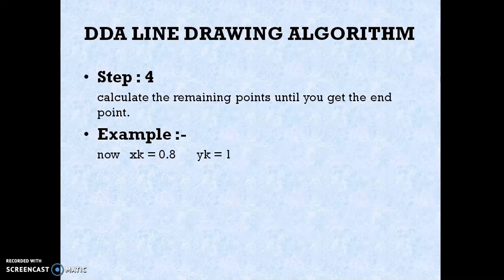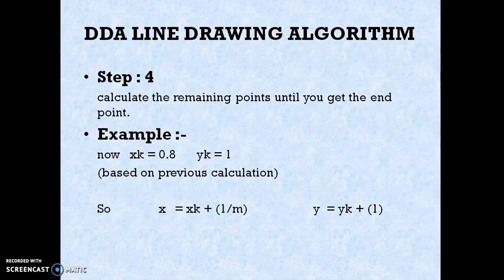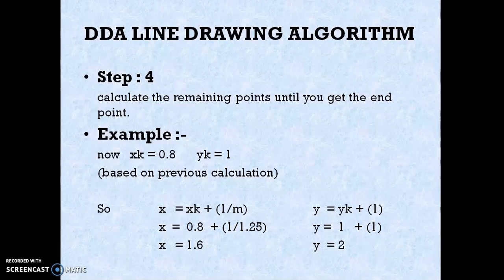In our example, now x of k is equal to 0.8 and y of k is equal to 1, which is previously calculated. Now we are putting the values in the equation of x and y. We get the value of x is equal to 1.6 and y is equal to 2.